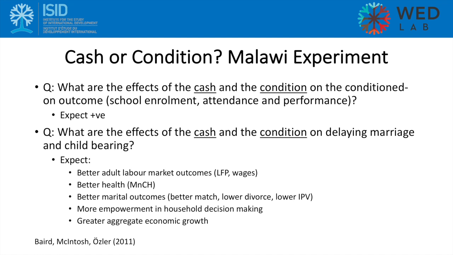Theoretically, we would expect better adult labor market outcomes and better maternal and child health in particular. We would expect better marital outcomes, a better match, lower divorce, and lower intimate partner violence. Same reasons we were talking about earlier: more empowerment in household decision-making, and greater aggregate economic growth.